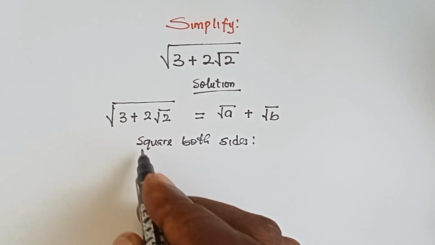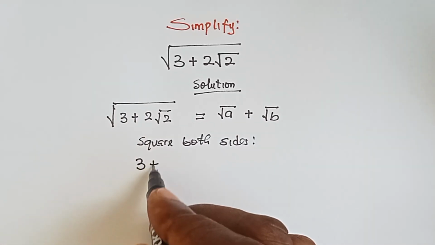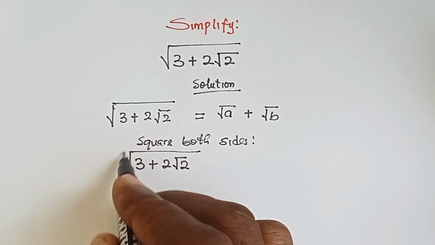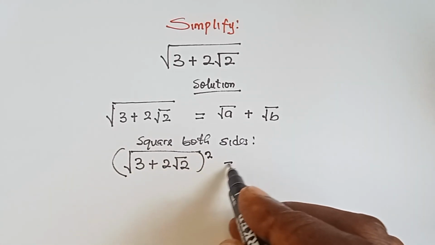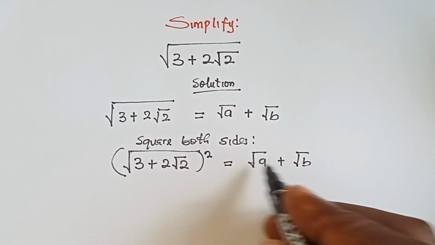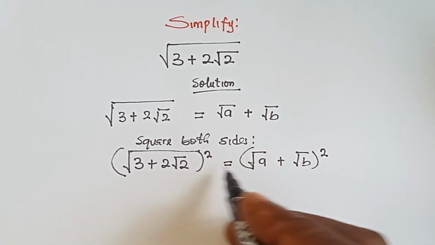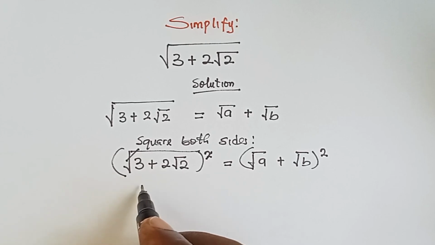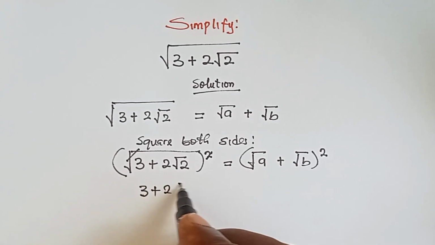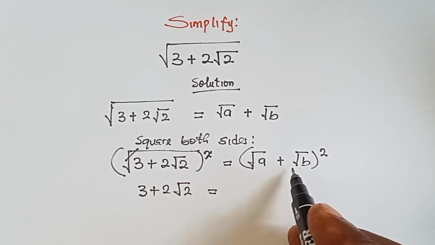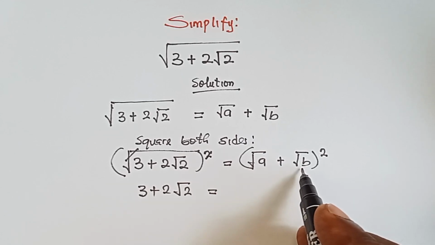When we square both sides, we have 3 plus 2 root 2, which was under the square root. Then we square it, and we also square the other side. The square cancels the square root, so we have 3 plus 2 root 2 equals to... now we write this out in two places.